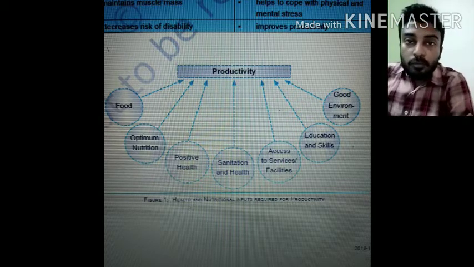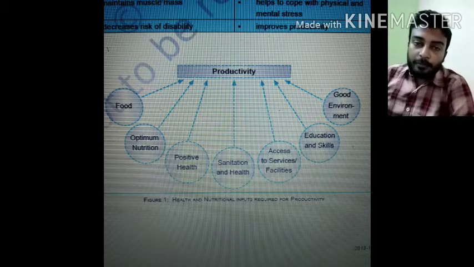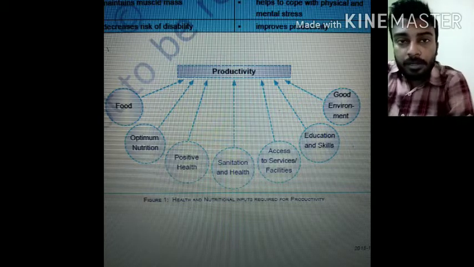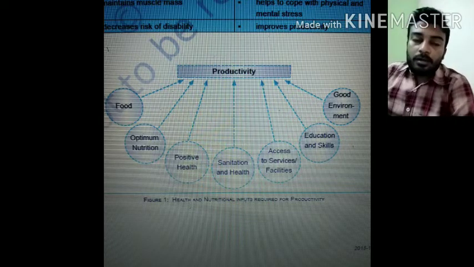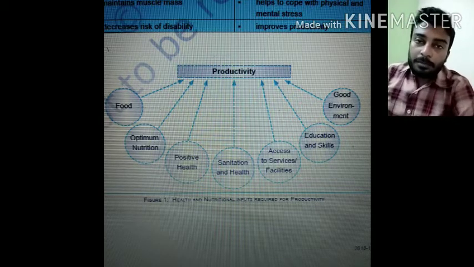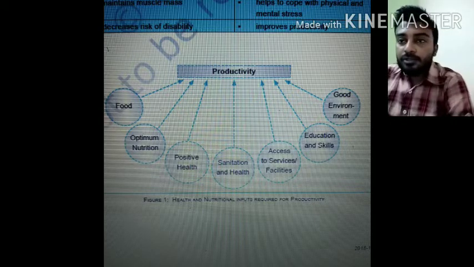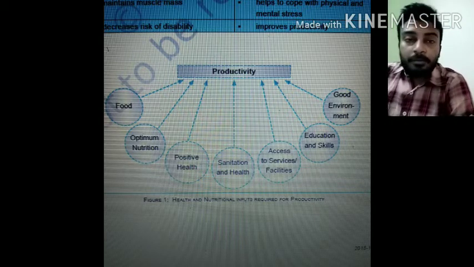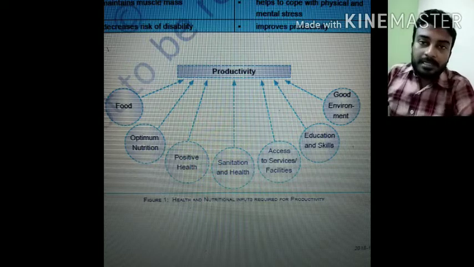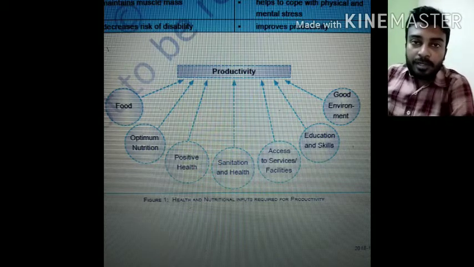Number one is food. So proper food, proper intake of the food, and also utilization of the food leads to the productivity of health and nutrition. Now number two is optimum nutrition. Optimum nutrition means the proper amount of the nutrients present in the food.